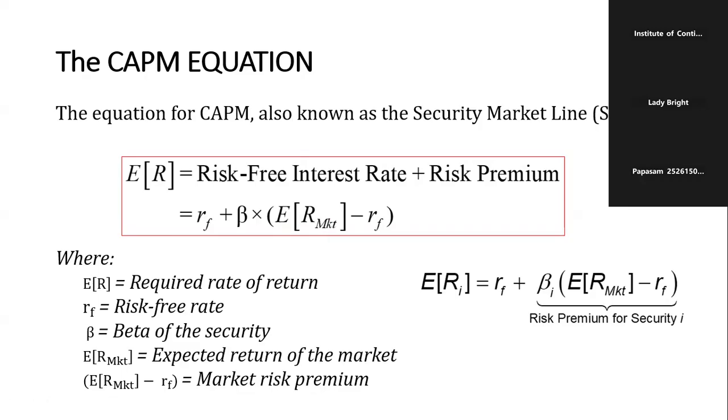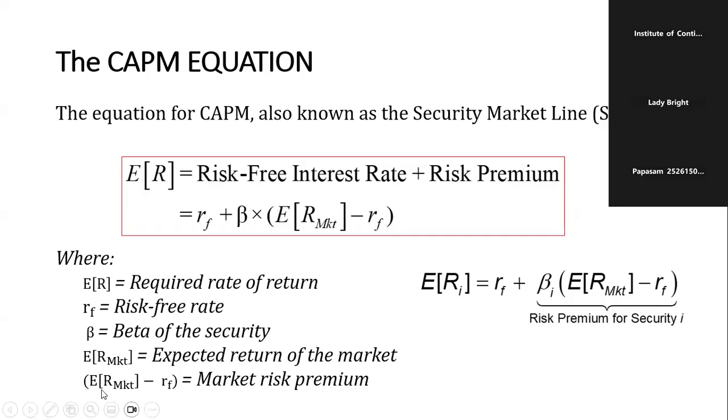RF is the risk-free rate. Beta is the beta of the security, the risk of a particular security. E(R) is the expected return that an investor hopes to receive. E(R_MKT) is the expected return of the market.